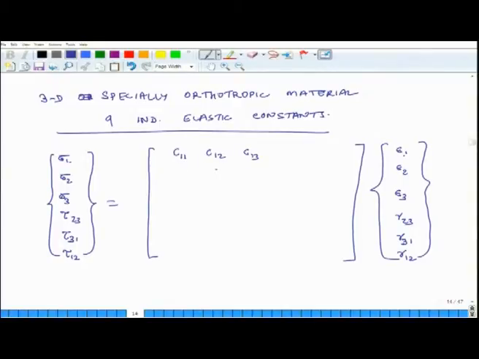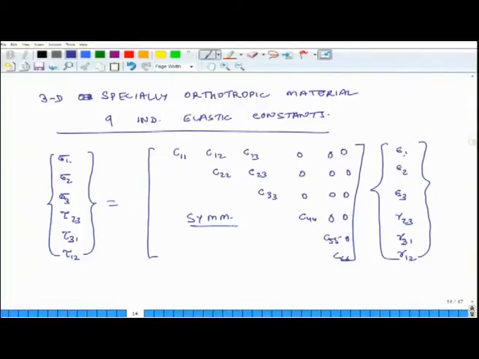this matrix is symmetric, C 2 2, C 2 3, C 3 3, C 4 4, C 5 5 and C 6 6, okay. And all other terms in this matrix are zero, this is all symmetry, okay.